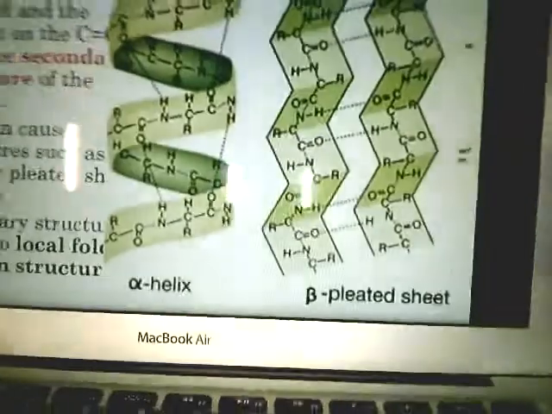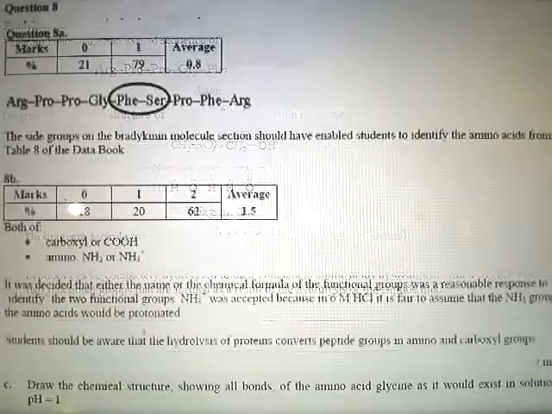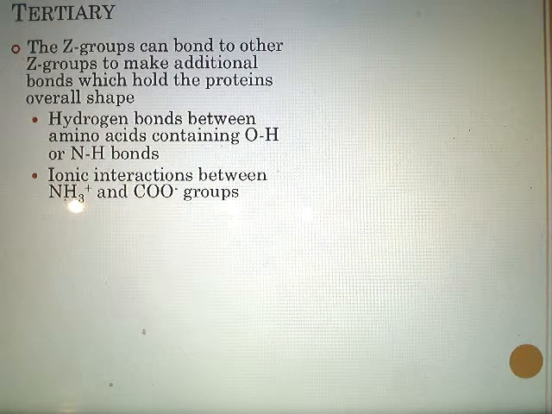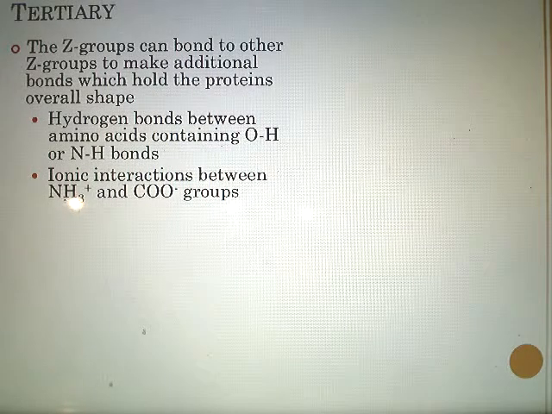Now, Z groups and the specific sequence of these Z groups is very specific to different proteins, so it's unique to proteins. So, for example, it can be hydrogen bonding between OH and NH in the amino acids.